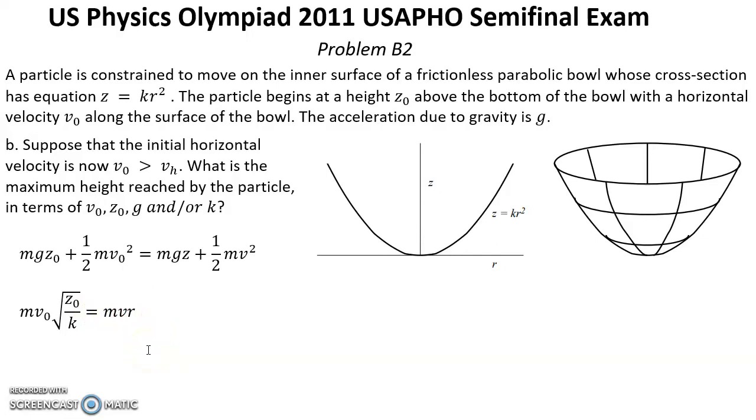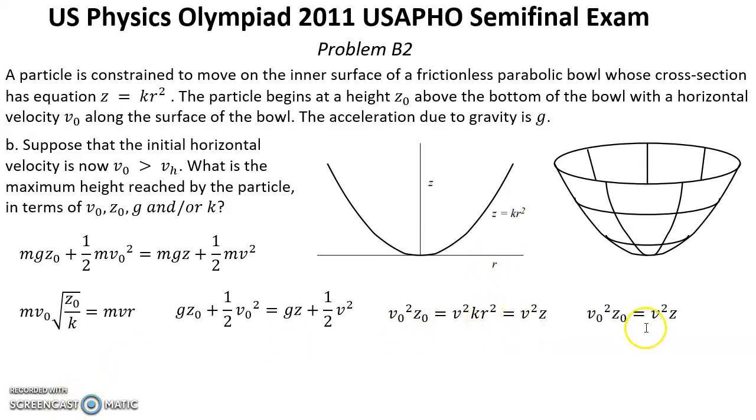Now we can cancel masses in both equations. We can square the second equation, and we will get the next equations. This is energy conservation, and this is angular momentum conservation. So now we can rewrite it in this form, and we can express v squared from this equation.